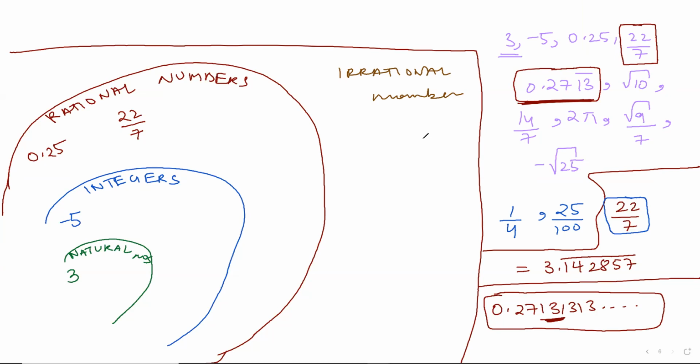Ma'am, if the number is terminating, then it's a rational number, and if it's non-terminating, it's an irrational number.